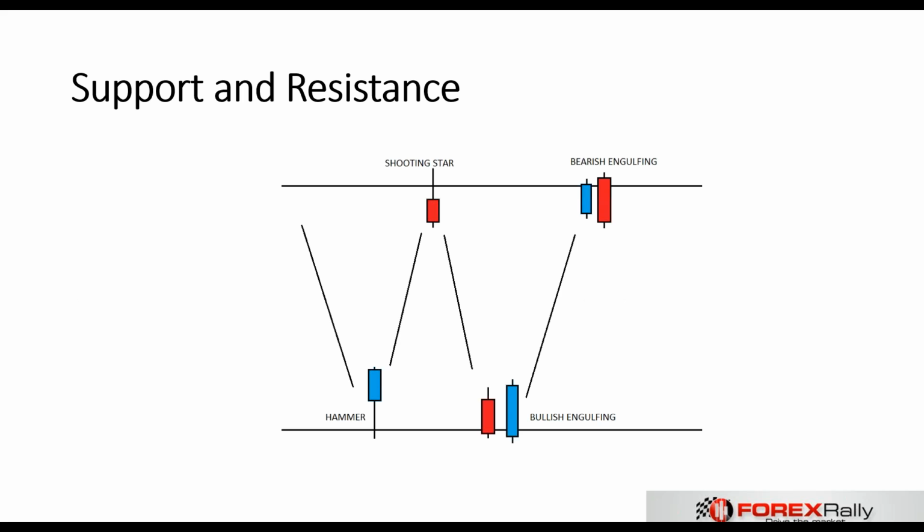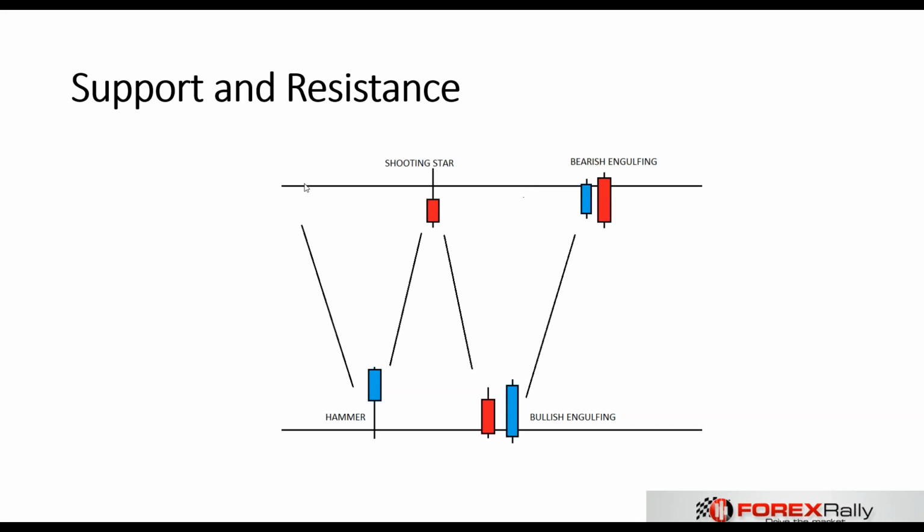To help you visualize, support is something like a floor. When the price hits that floor, it will bounce back up. And if the price hits a resistance, it's like hitting a ceiling. Imagine throwing a ball to your ceiling and it bounces back down.